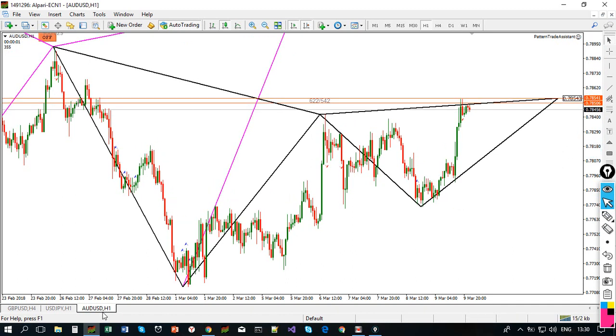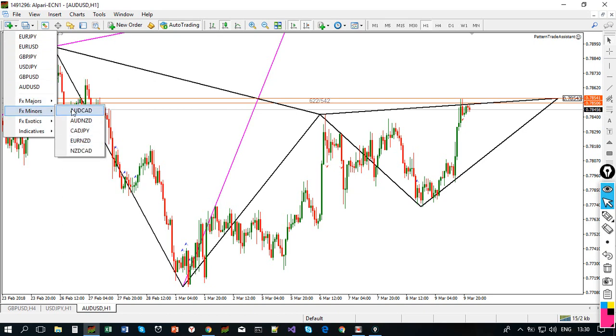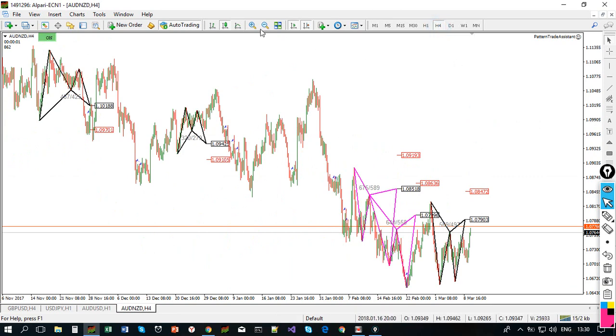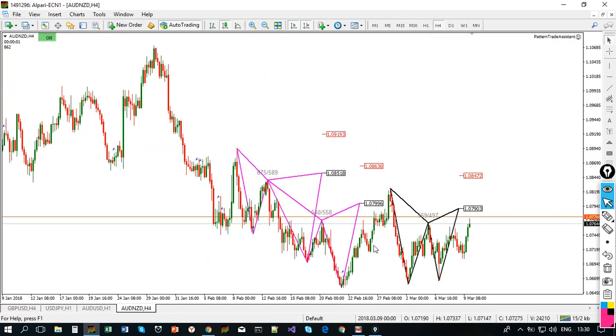Next is the Aussie New Zealand, and it is the 4-hour time frame. After this Cypher, now this is a Gartley pattern setting up. Here's the reversal area 107.903, 108.47.2, and let us look at the time frame.